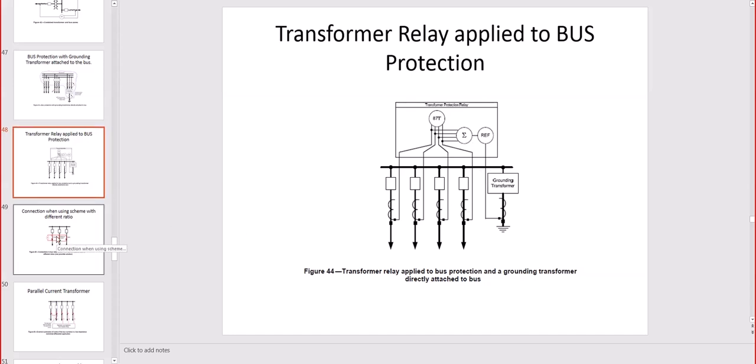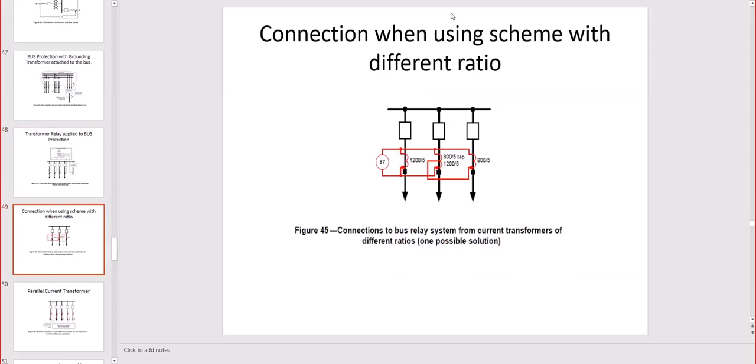Okay, so that's not so precise, it's not the preferred method, but sometimes you don't have a choice, you don't have access to the neutral to ground, or there is no CT. Connection when using scheme with differential ratio. So if you have different ratio of the CTs, that was a major problem in the electromechanical relays, to compensate for that, to do the scaling taps.